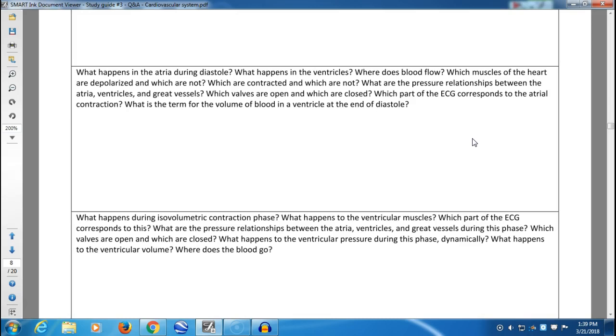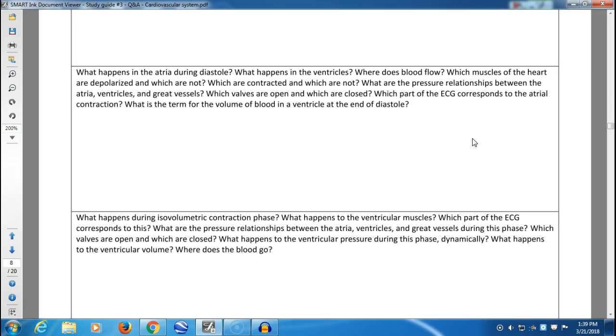Blood flows from pulmonary veins into the left atrium, basically directly from the left atrium into the left ventricle through the AV valve, through the mitral valve. So mitral valve is open. SL valve is closed. There's no contraction happening.